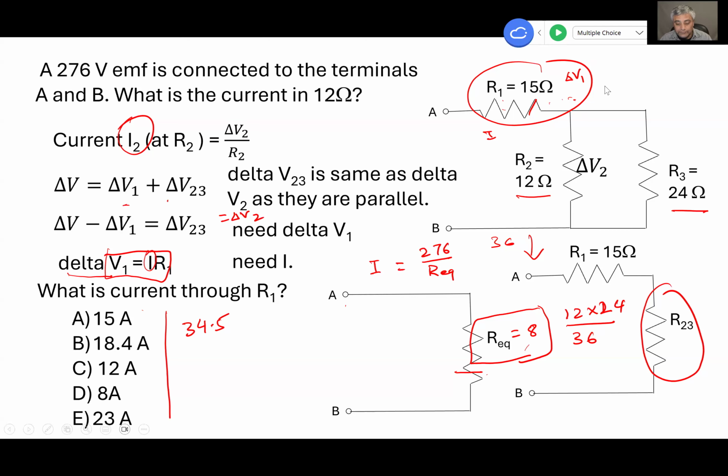So let's see. Something went wrong. 288 divided by 36. It is 8.